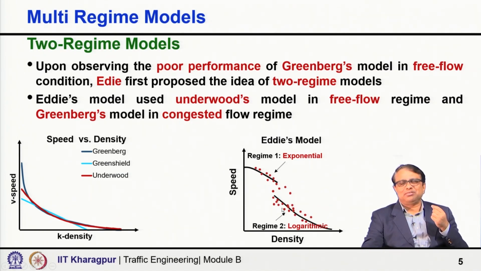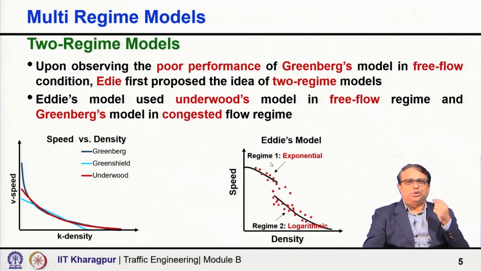You can see here, for the congested portion he suggested the use of Greenberg's model, and Underwood's model, which does not touch the x axis, the density axis, was used for the free flow regime.